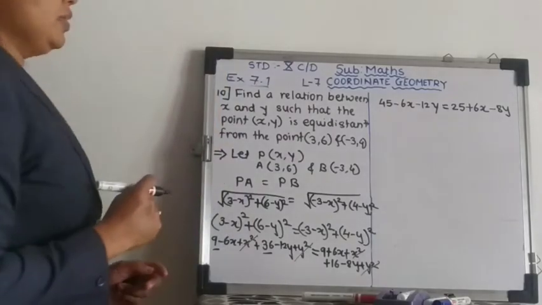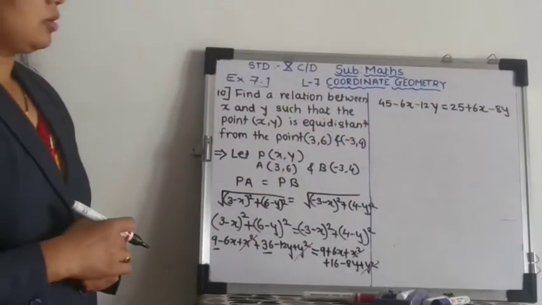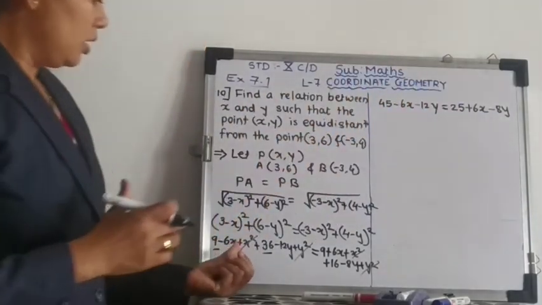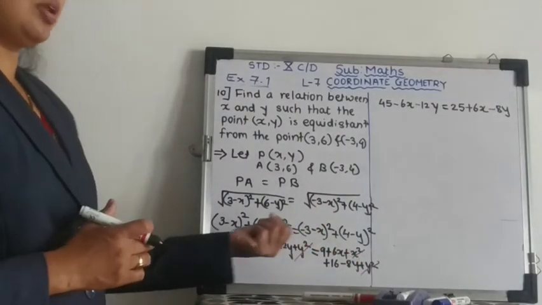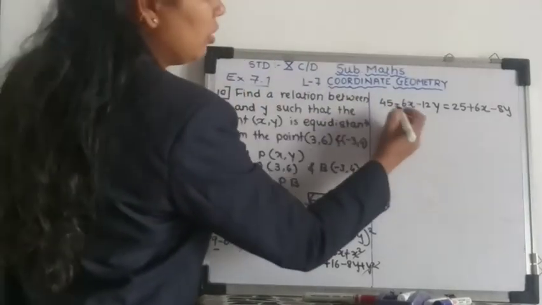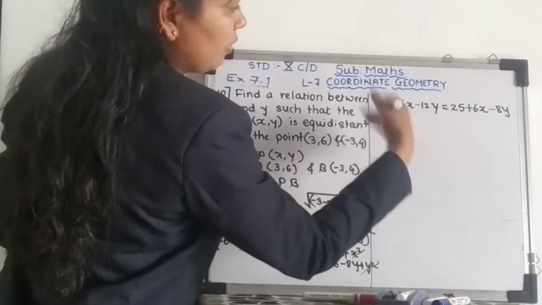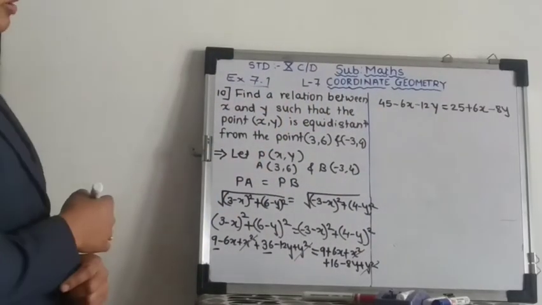Right? Now you will say, ma'am, can we cancel minus 6x and plus 6x? No. Why? Because both have different signs. Here both the terms have the same sign and the same variable, that's why we cancelled over there. Now we will transpose all the terms to one side and take equals to 0.